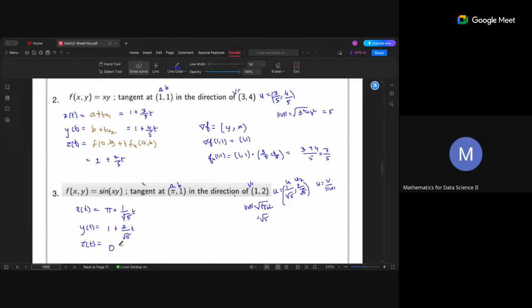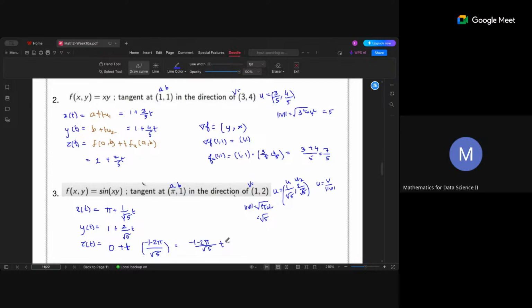And what is fu at pi comma 1? Minus 1 minus 2 pi by root 5, is that correct? Yes. So minus 1 minus 2 pi by root 5 t. So this is your z of t.